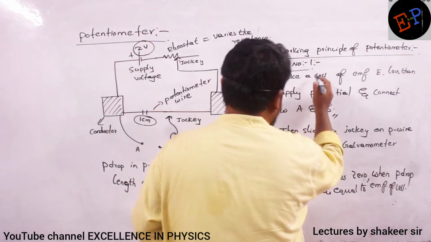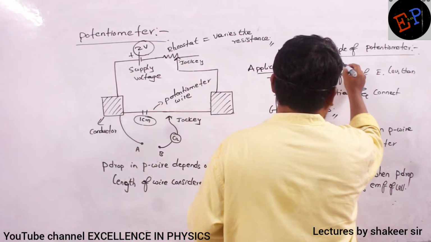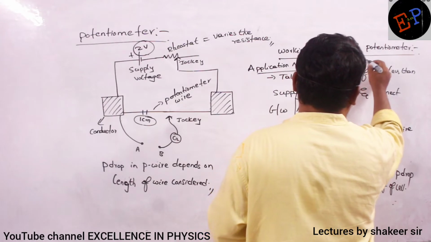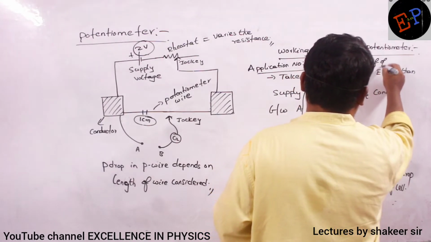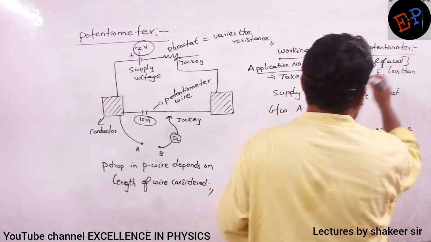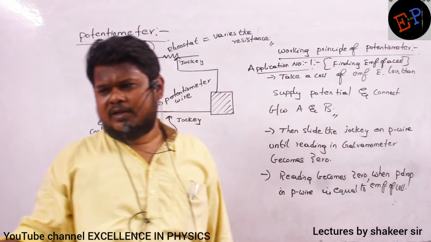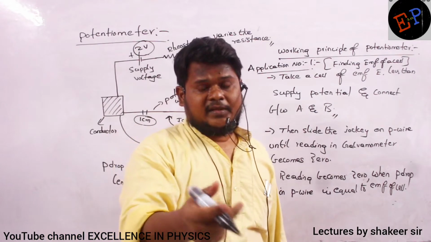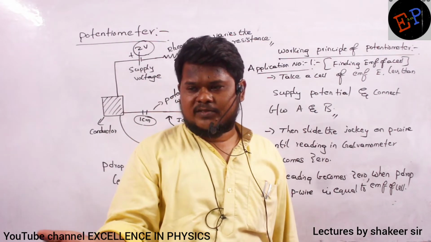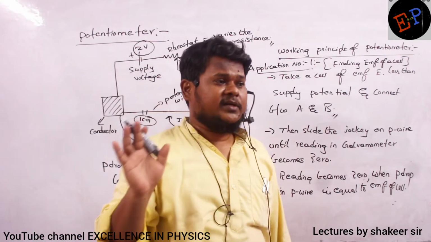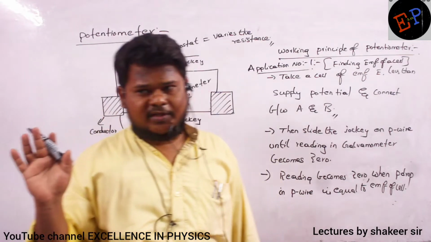What is application number 1? Finding the EMF of a cell. We are not finding terminal potential. We are finding EMF. What is EMF? The total capacity of the battery is called EMF. So directly we can measure EMF here without measuring terminal potential.